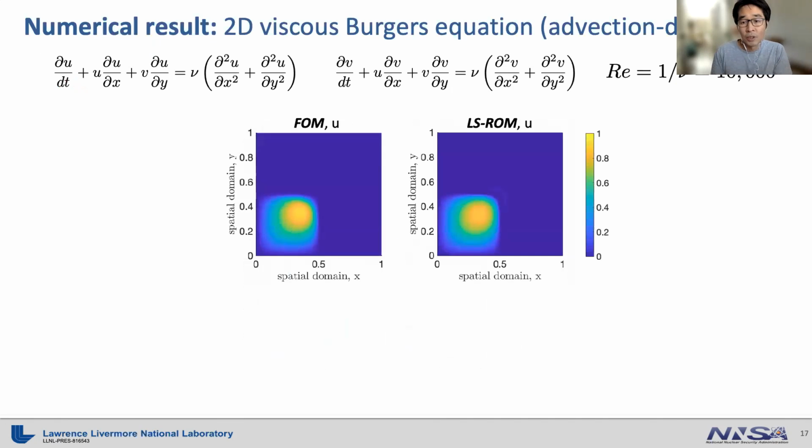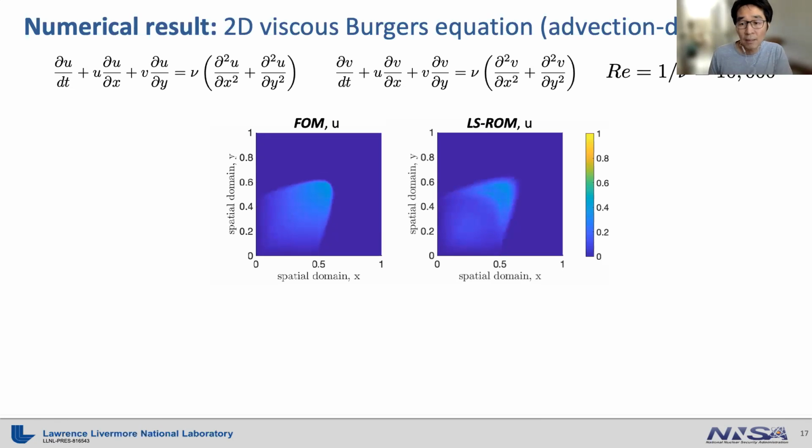These numerical results demonstrate how LS-ROM, the linear subspace ROM, suffers from the advection-dominated problem. This is the same 2D Burgers problem you have seen before. We have used a latent space dimension of 5, which is pretty small, which might be challenging for LS-ROM to produce good accuracy because of the reason I just described in previous slides, right?